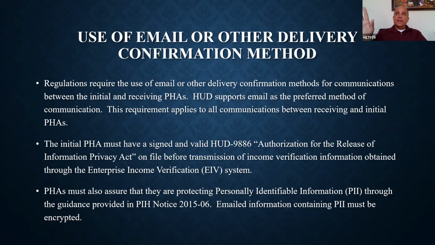So if you're an initial or receiving PHA sending information to the other PHA by email, you must assure that any information such as social security numbers, birth dates, income information, any medical information, which might be present in the portability notice because of some kind of a reasonable accommodation that was provided by the initial PHA, is protected. You've got to make sure that your email is encrypted. Unfortunately, we live in a world where email messages, no matter how much we think that it's safe, sometimes those emails can be intercepted by people who misuse that information.